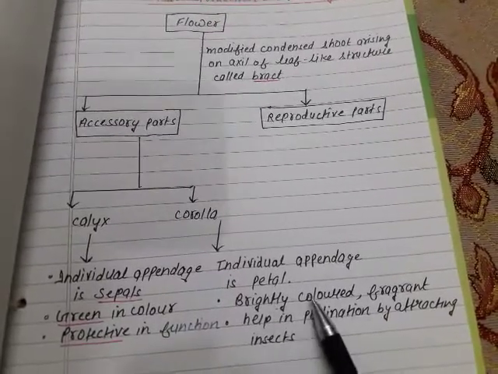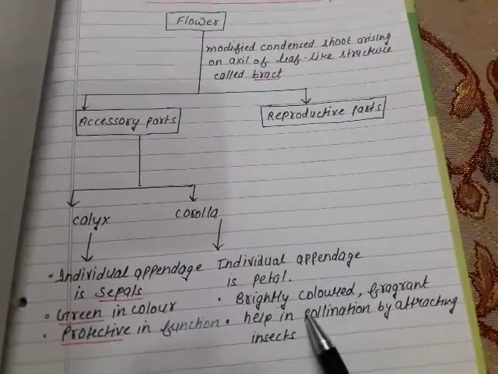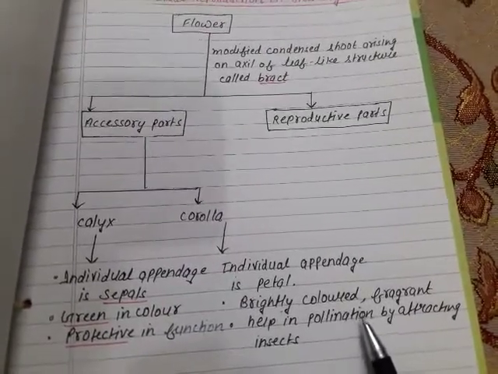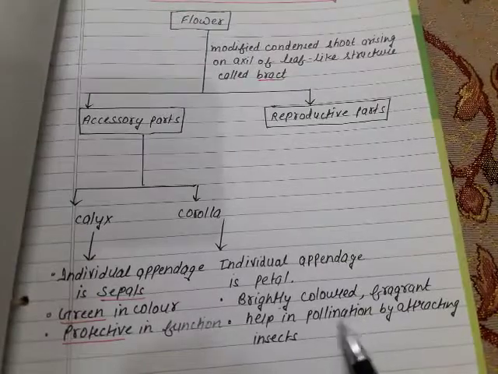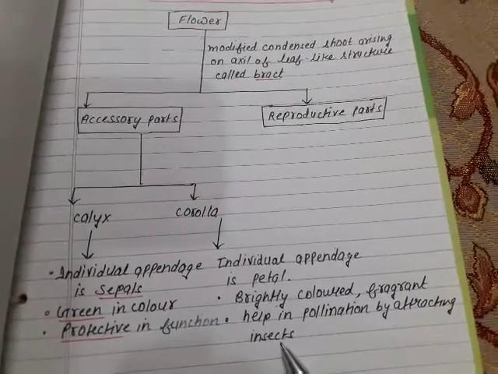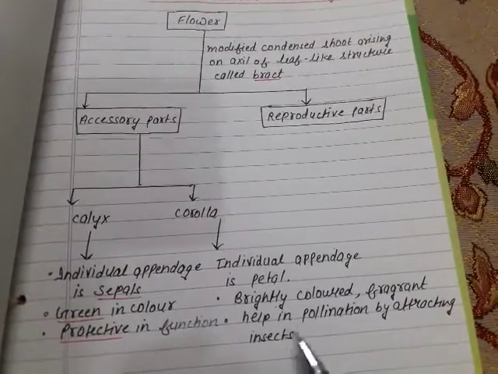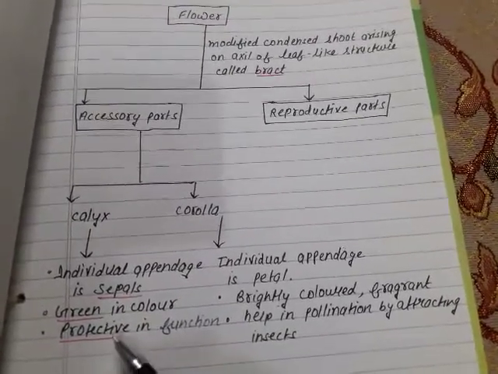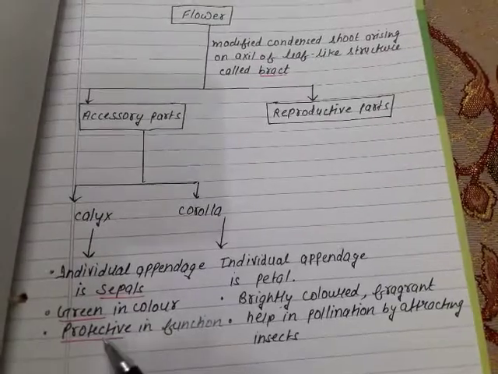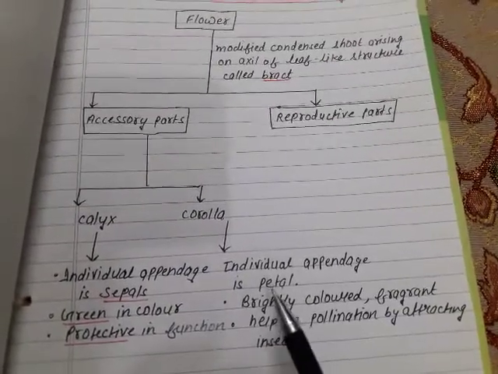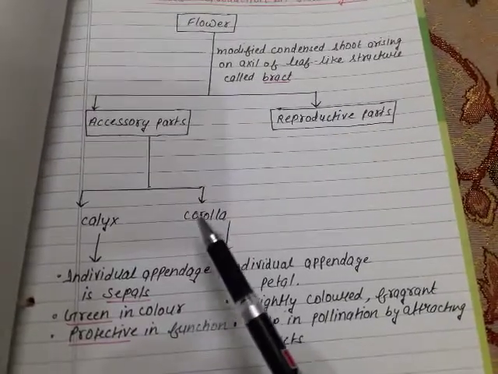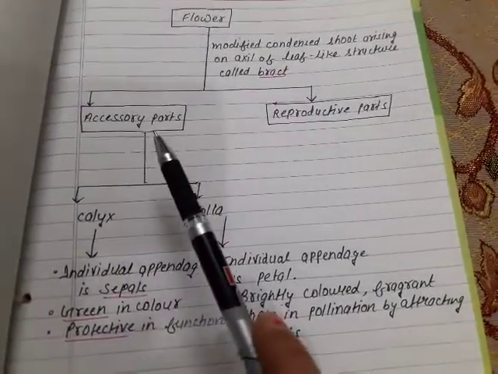Why? Because they help in pollination. Due to their bright color, insects get attracted towards them and do the pollination. So sepals are protective in action and petals help in pollination. These two parts are the accessory parts.